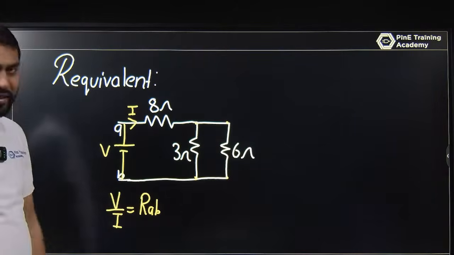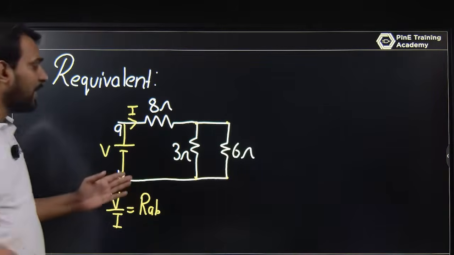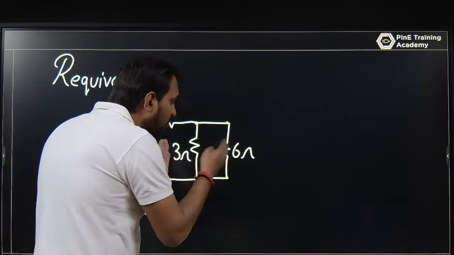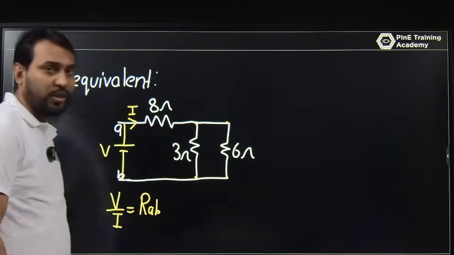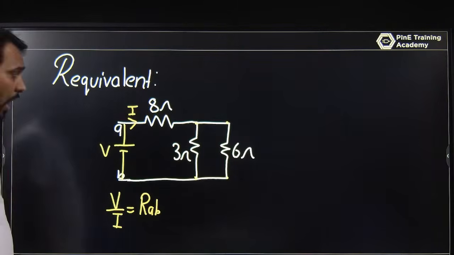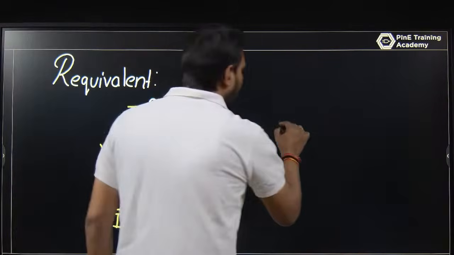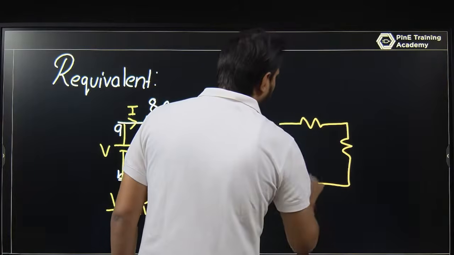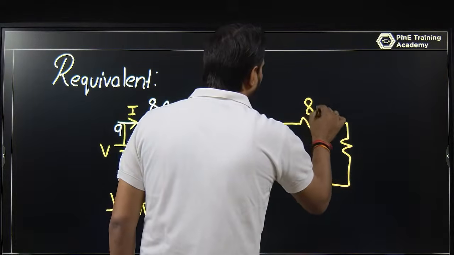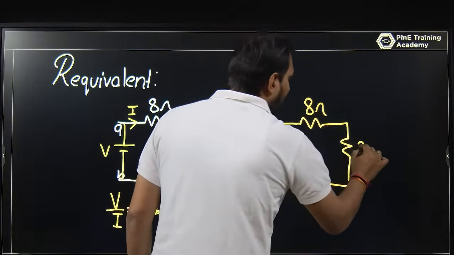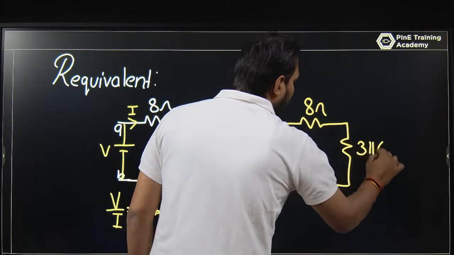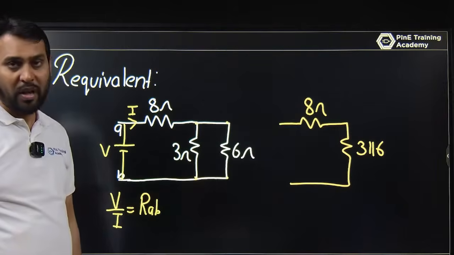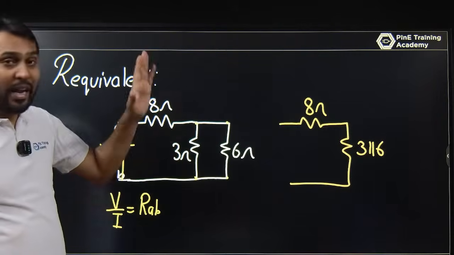They are parallel impedances, so we can make one impedance across it. This is your 8 ohm, and these are 3 and 6 in parallel. Why? Because 3 and 6 are in parallel, and you solved that in the last class.